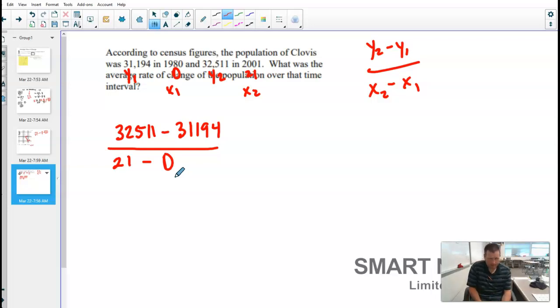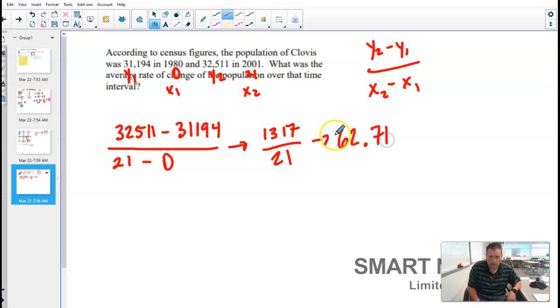That gives me a value of 1,317, and then divided by 21, and so I can divide that, and when I do that, I get 62.71 when I round. So that's my average rate of change. I'm increasing my population on average year to year by 62.7. So we'd say probably 63 people is what we'd go to with that one.